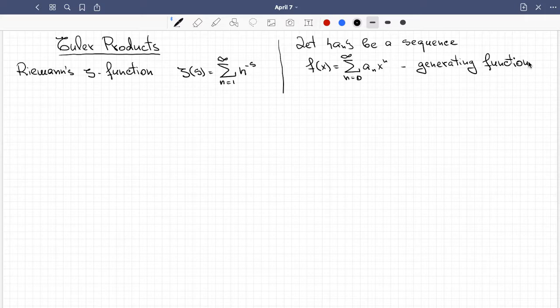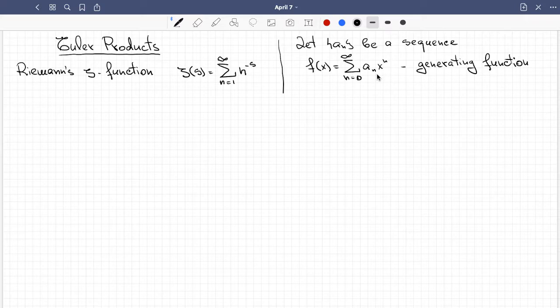The idea was that this function somehow incorporates the information about the sequence. So we have a sequence, infinitely many numbers, and we incorporate all of them into a function. x is the variable, and the properties of this function can tell us something about the properties of all the numbers from the sequence taken together.